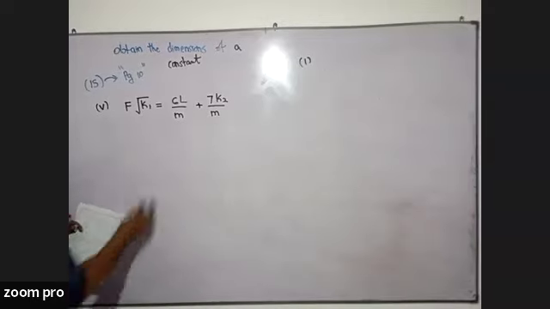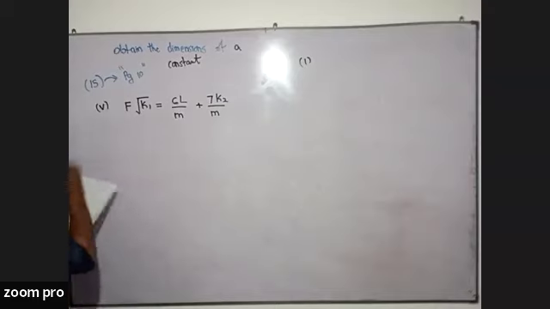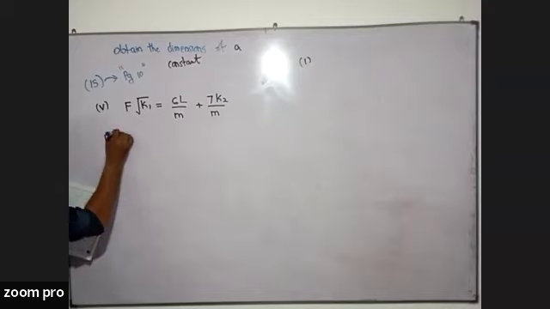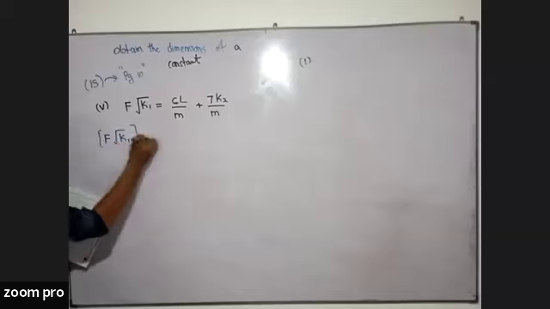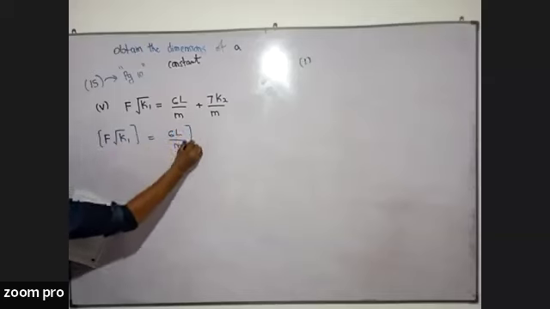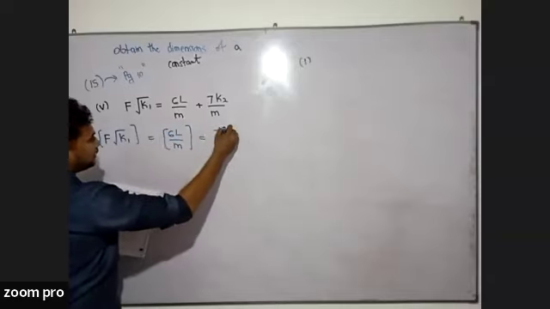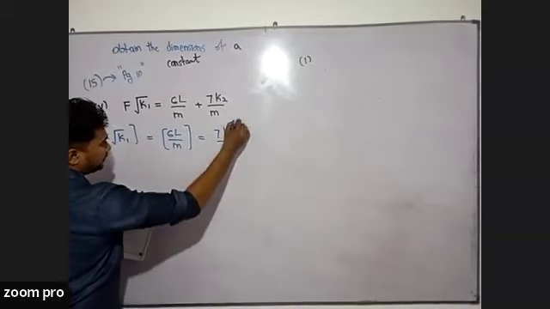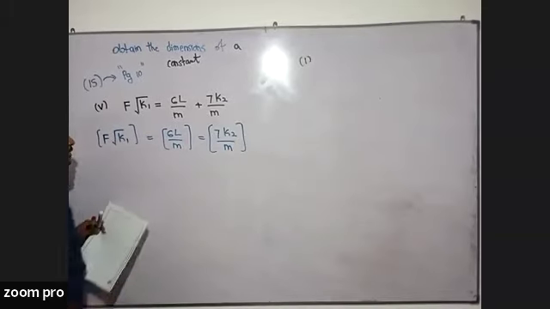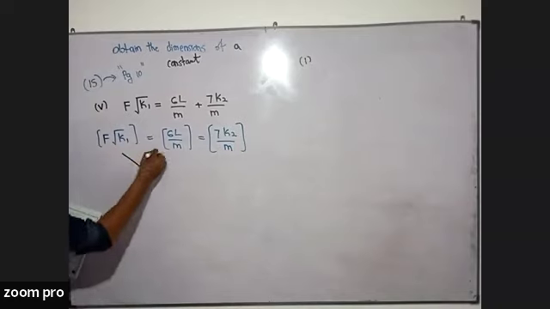Okay. Now, if it is an accurate equation, then we can consider that the dimensions of root K1 equal the dimensions of 6L over M, and it should be equal to the dimensions of 7K2 over M, right? So let's consider two of them. So I'm considering these two.